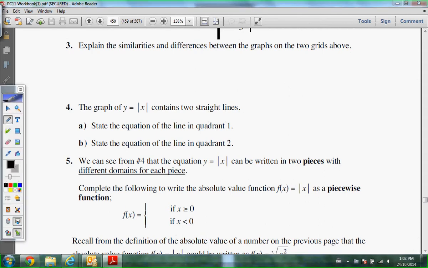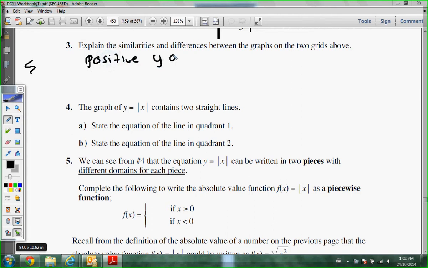All right, explain the similarities and differences between the graphs of the two grids above. We already did that. The similarities were, again, the parts where y is positive were the same. So when y is greater than or equal to 0, they were the same.